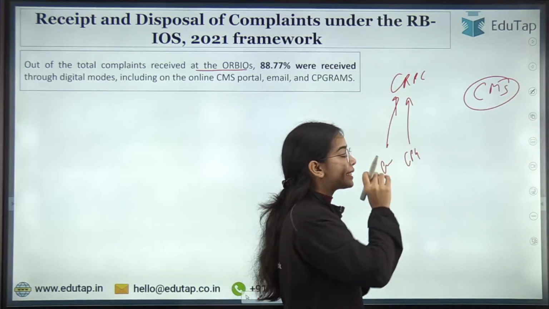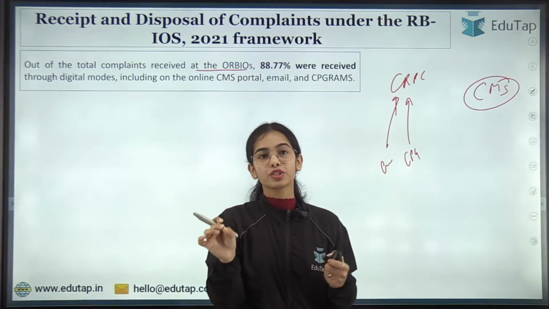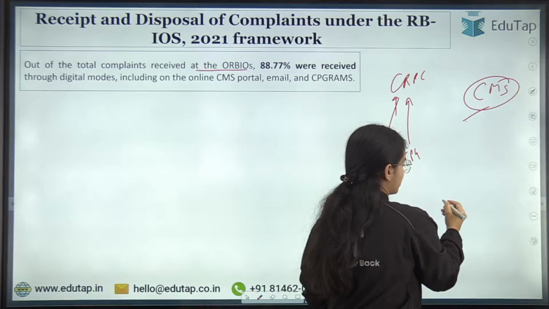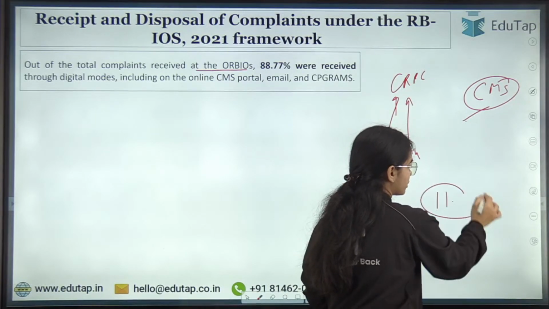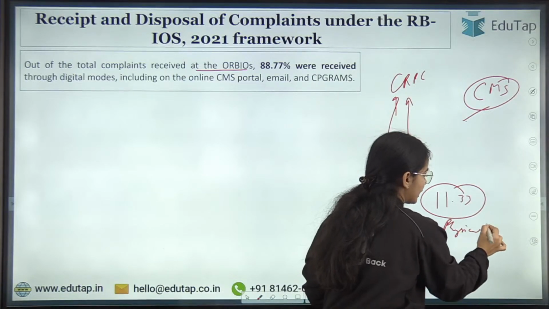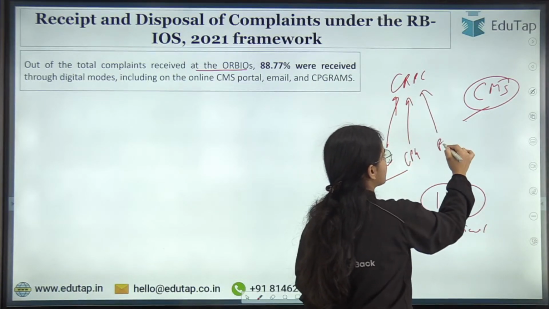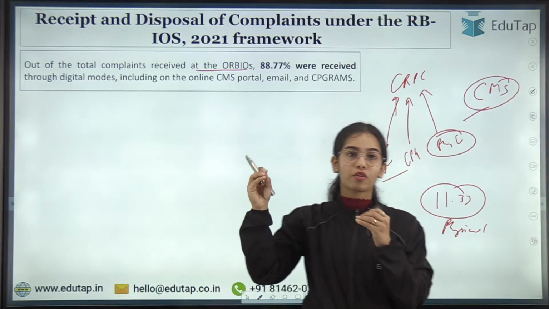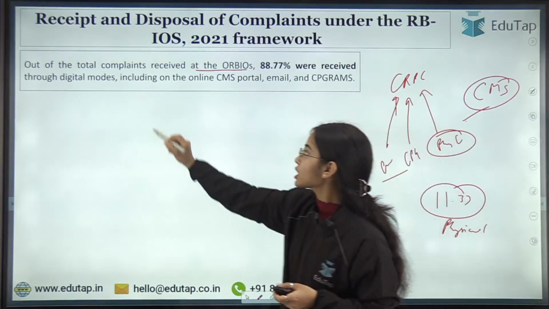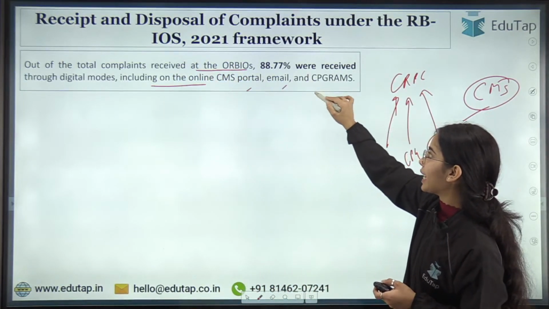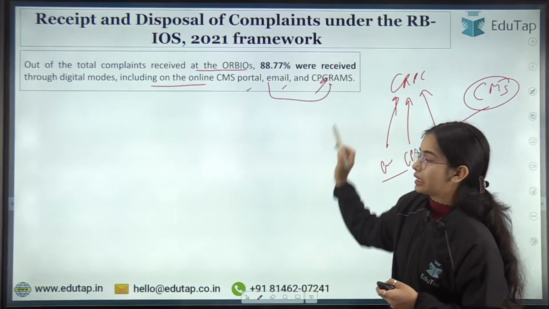Okay, so 88.77% of the complaints were received through digital methods, and the rest, 11.23%, were received through physical letters, because CRPC also receives physical letters. So 88.77% of the complaints were received through digital modes by the offices, including the online CMS portal, email and CPgrams under the CRPC.